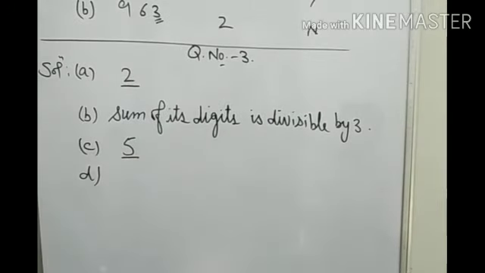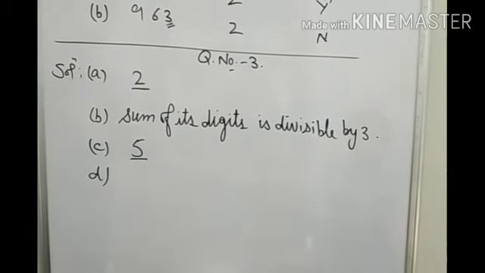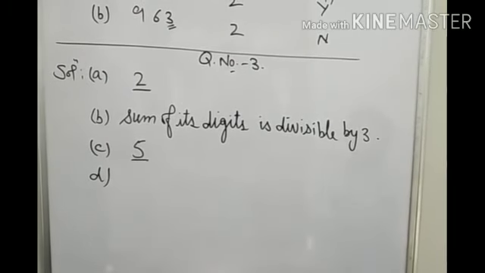Then part D. A number is divisible by 8 if, so you have to again check the divisibility of 8.